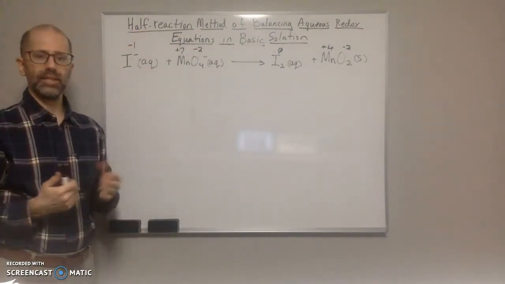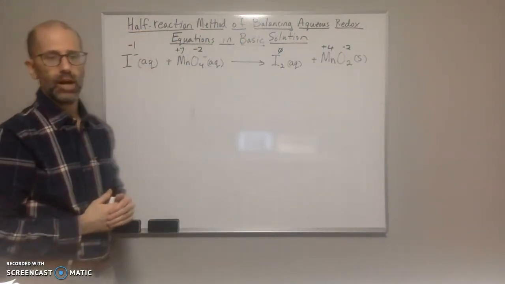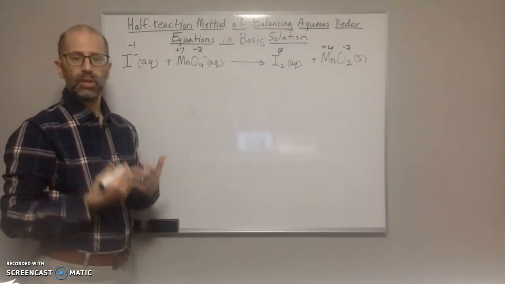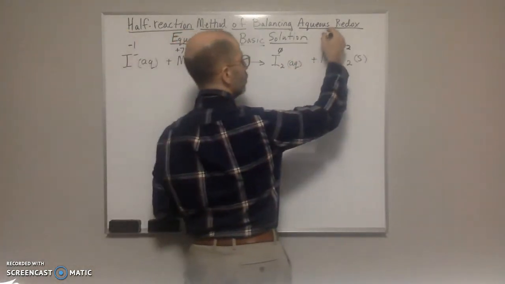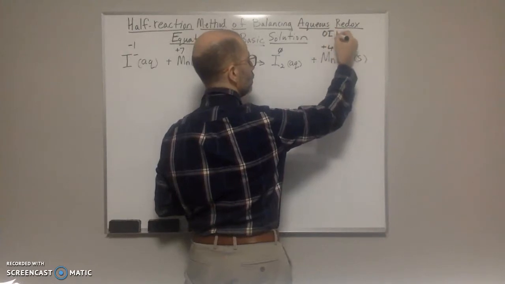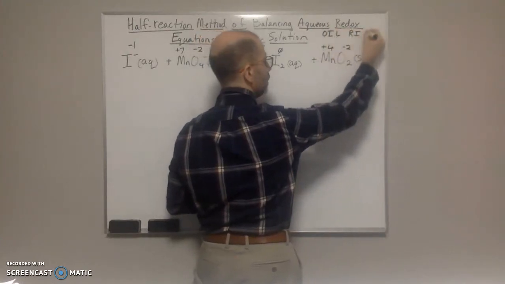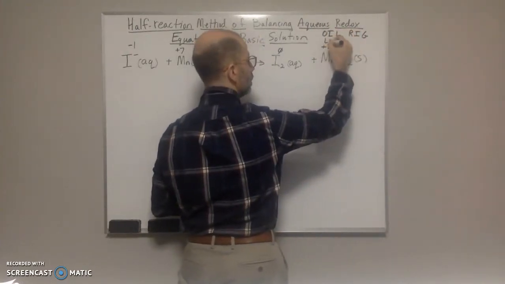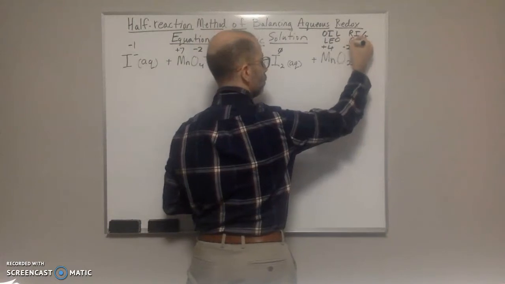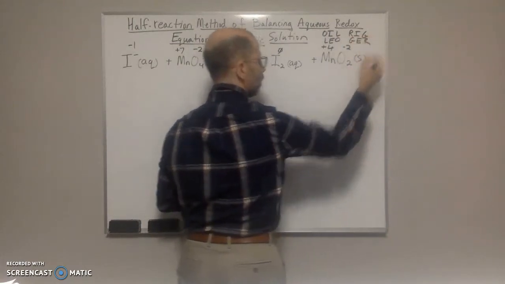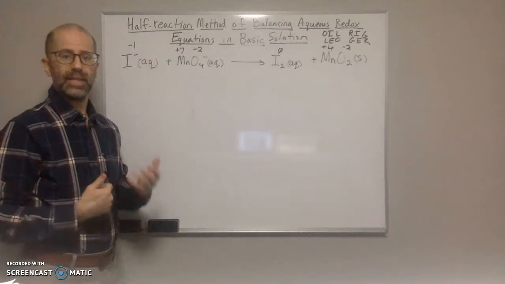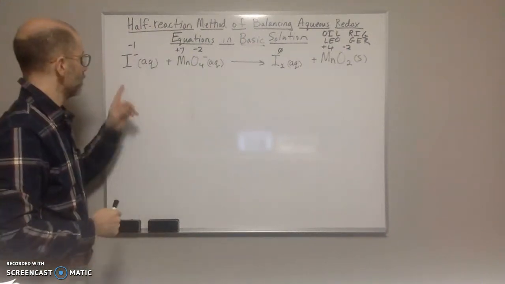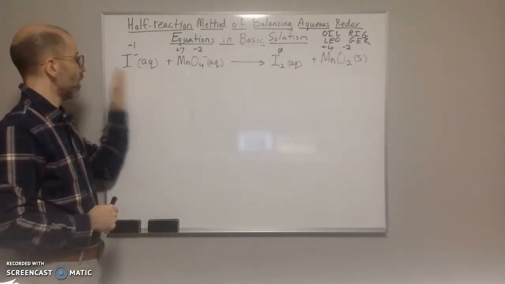Okay, so now that we have the oxidation states, we just figure out our reduction and oxidation half reactions. And remember, OIL RIG, or LEO GER. So OIL RIG: oxidation is loss of electrons. So what lost electrons?